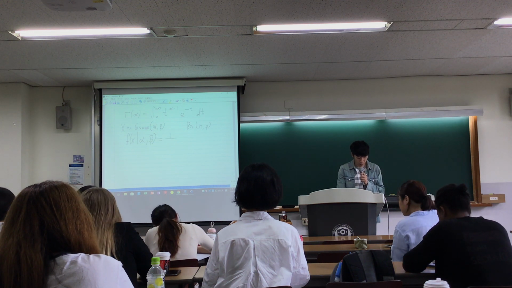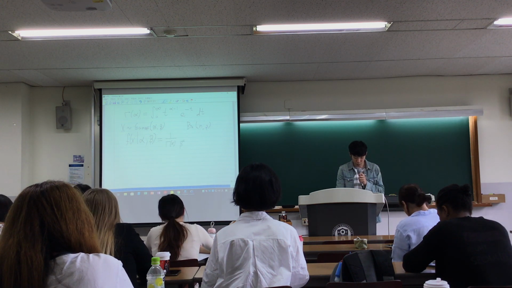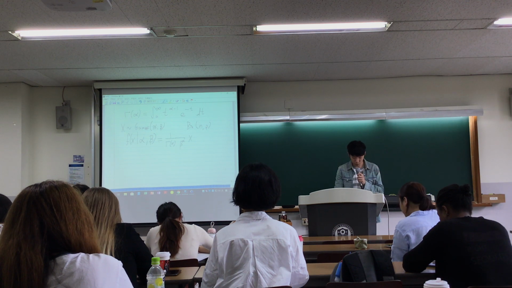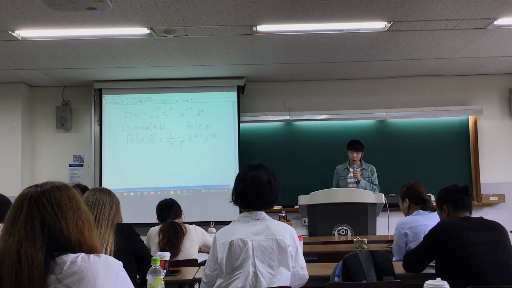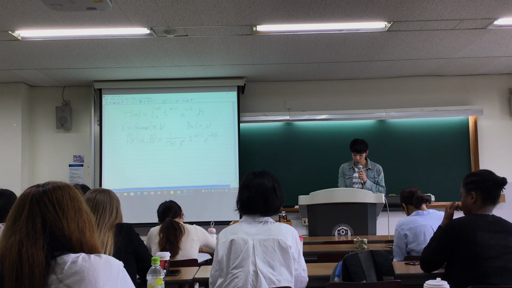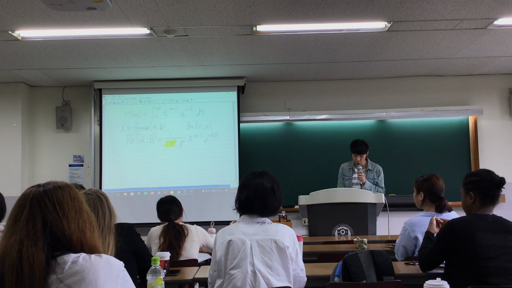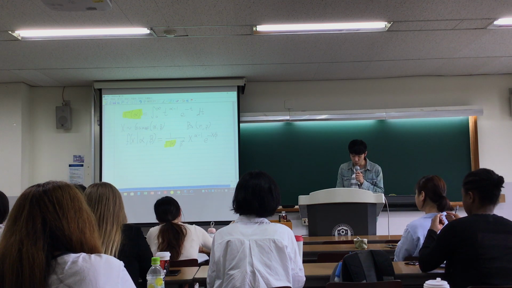f of x is 1 over gamma of alpha, beta to the alpha, x to the alpha minus 1, e to the negative x over beta. And this is a very complicated function because even the gamma function is a complicated function that we see here.